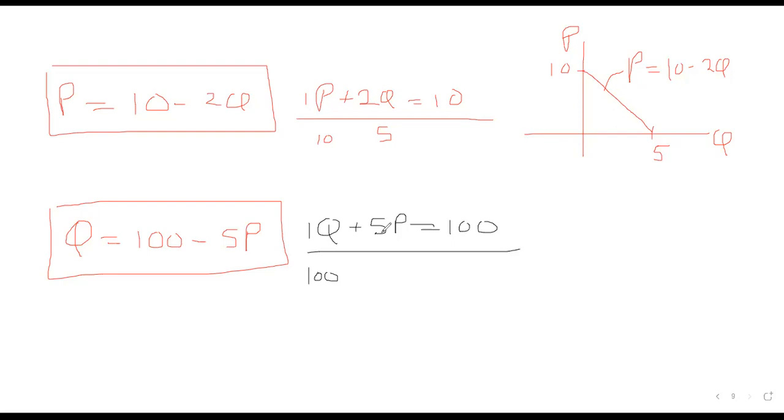Then on 5P, it will be 5 into 100, which is 20. So on the P, it will be 20, sorry, and on the quantity, 100.